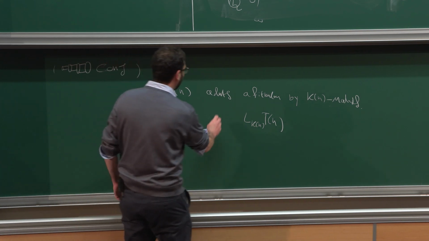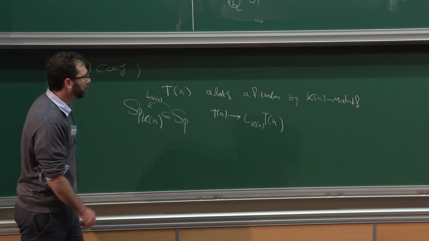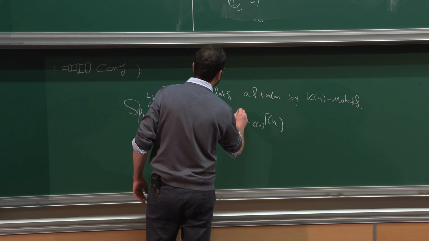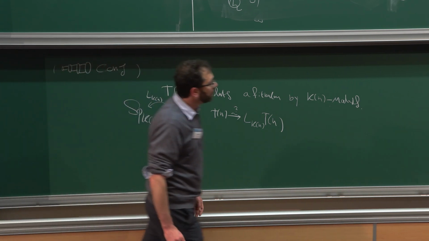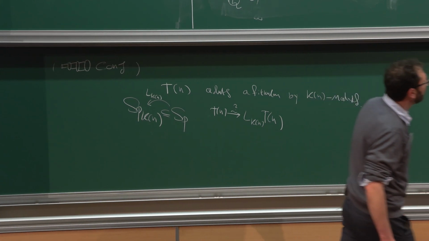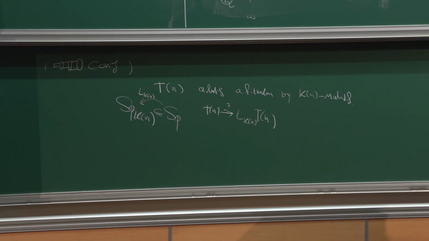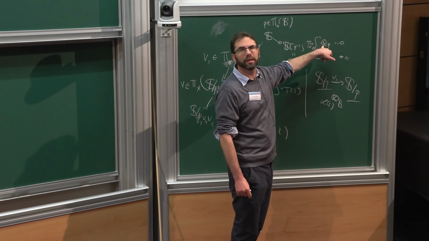For example, Tn. And an equivalent way to describe the telescope conjecture is that this thing is an equivalence. Okay? For n equals 0, you see that this is evidently true.